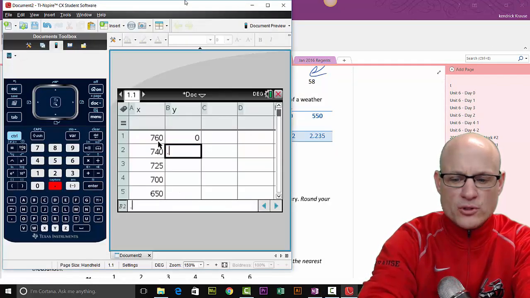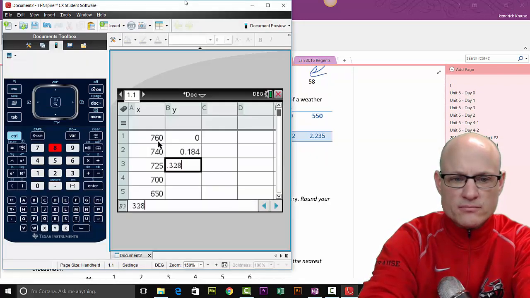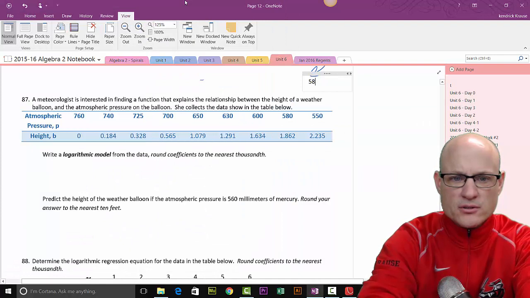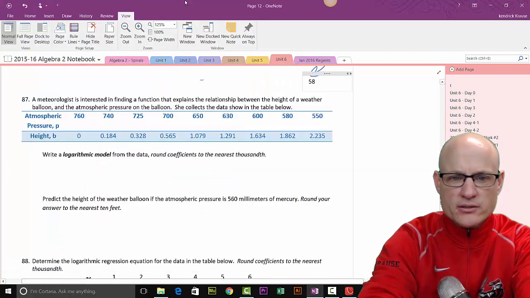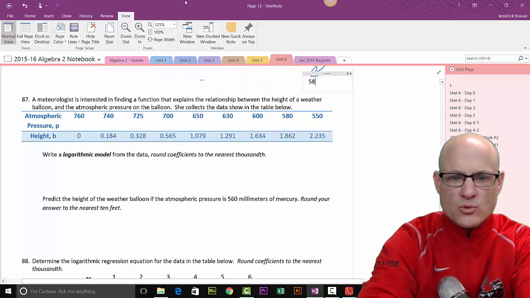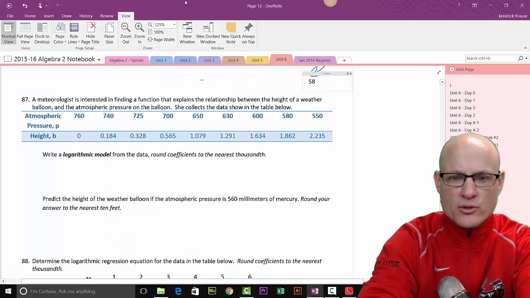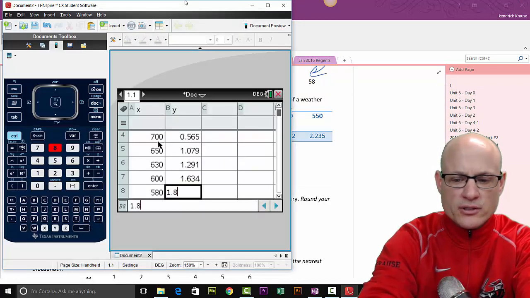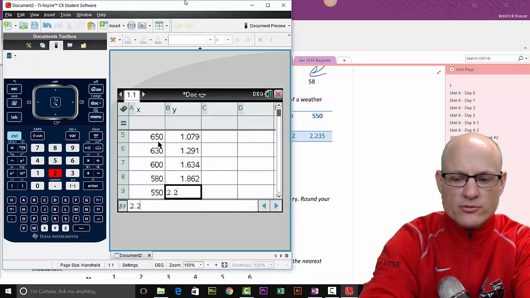Then 0, 0.184, 0.328, 0.565, 1.079, 1.291, 1.634, 1.862, and 2.235.